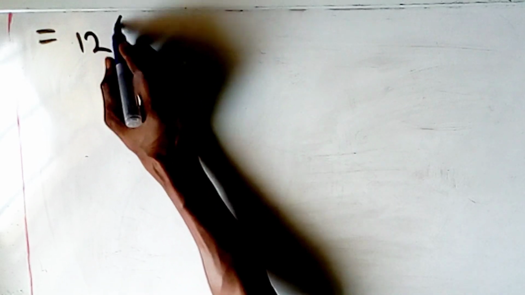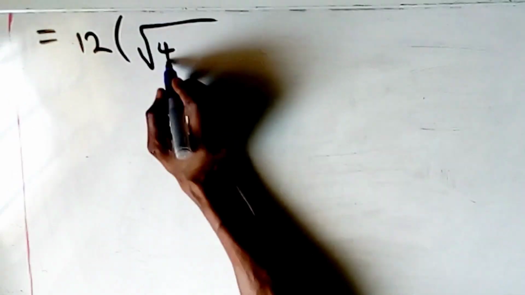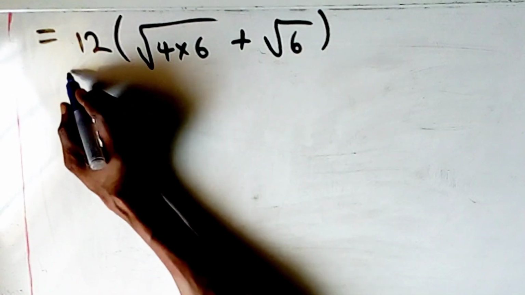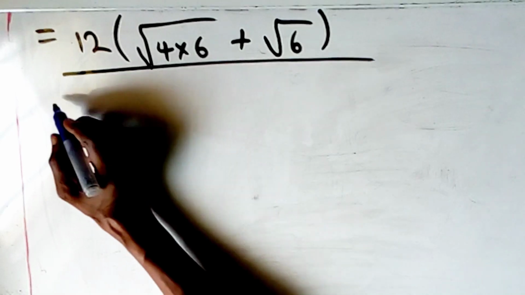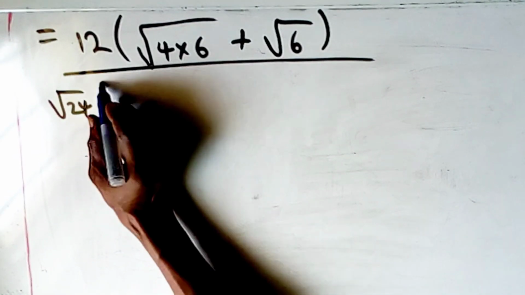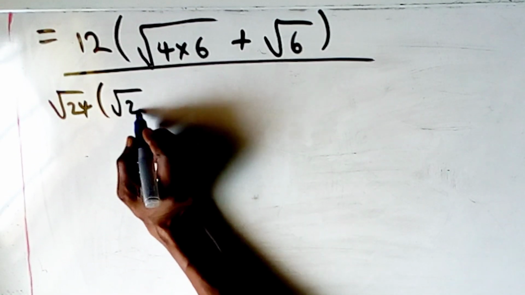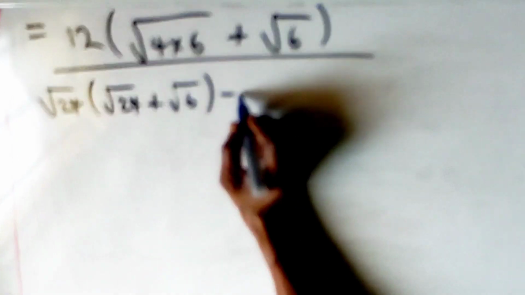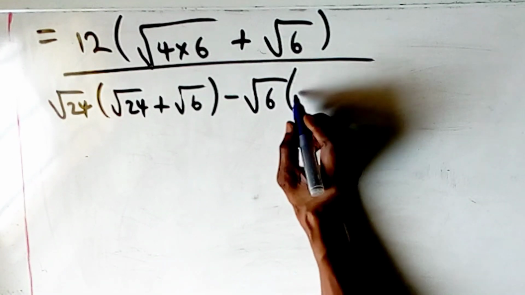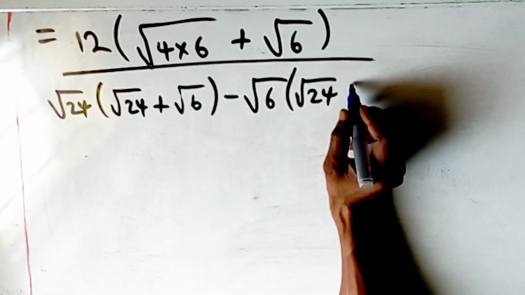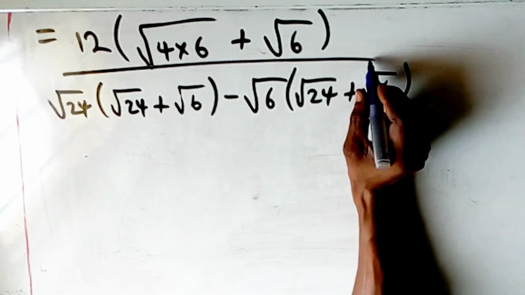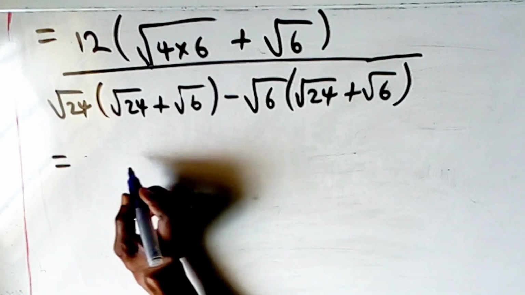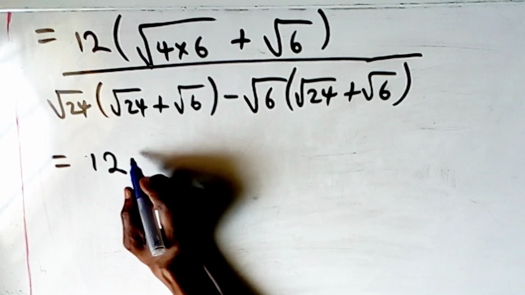So 12 into bracket 4 times root 6 plus root 6. So we're simplifying them. So then for the denominator, we need to expand. That is what I am doing. And that is what you can see on the board. So when we did that, so 12, 4 has a perfect square.